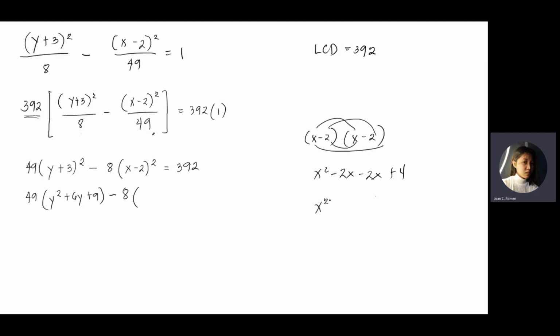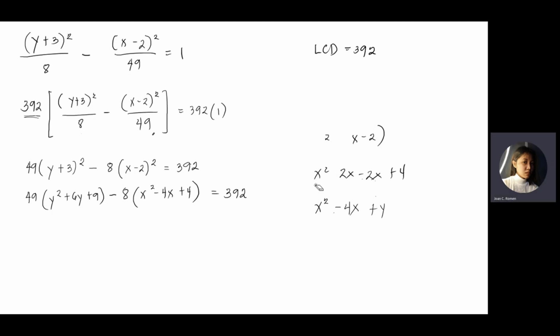So that is x squared. Combining like terms, negative 2x minus 2x is negative 4x. Since like sign, kapag po like sign, add, then copy the sign. Then plus 4. So now, (x minus 2) squared is equal to x squared minus 4x plus 4 is equal to 392.